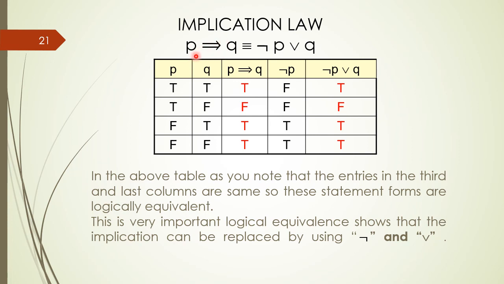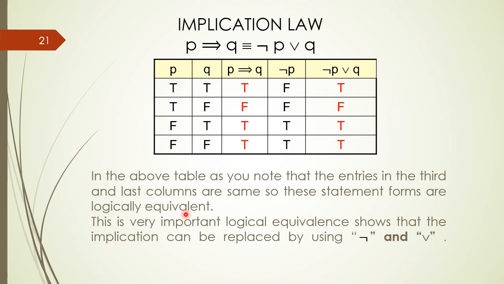For P implies Q, we have the following output truth values, and for the compound statement not P or Q, we have the following truth values. In the above table, as you note, the entries in the third and last columns are same, so these statement forms are logically equivalent.